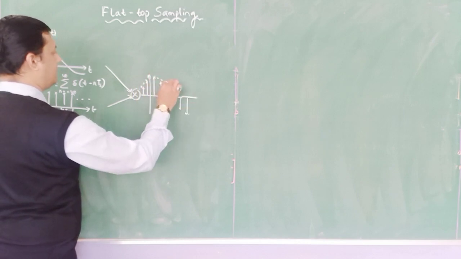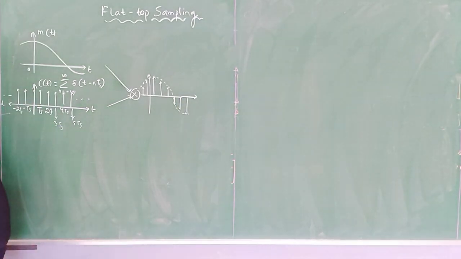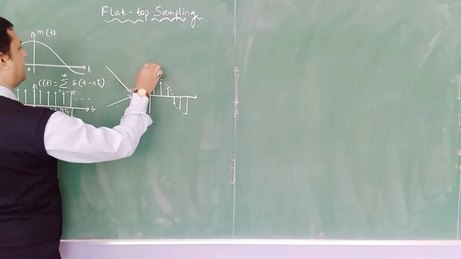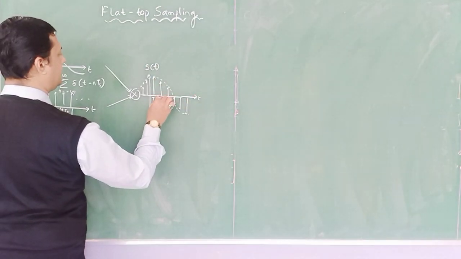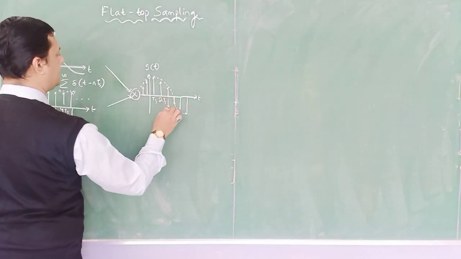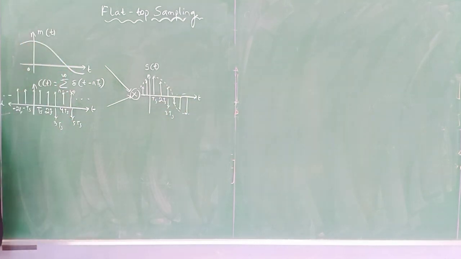So if you join this modulating signal, here I will write S of t, this is Ts, 2Ts, 3Ts and so on. So this is the instantaneous sample.